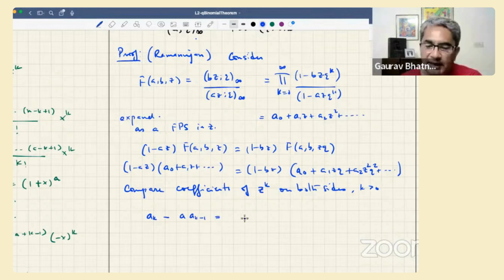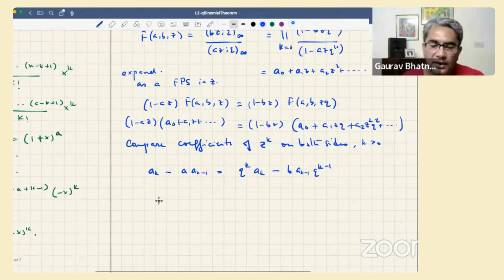And then on the right-hand side, you'll get q raised to k a_k minus b q raised to k minus 1 a_(k-1).